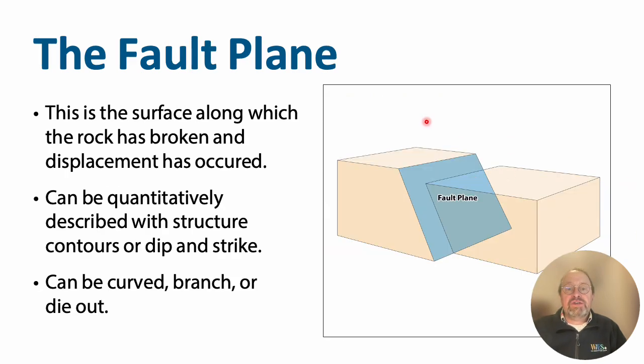So essentially a fault plane, just like other geological surfaces, can be described by structure contours, and we can use the differences in the structure contour across the fault to look at the amount of displacement, which is something we often want to do. In reality, faults often curve and they branch, and eventually, of course, they die out. No fault goes on forever, although in our worked examples, essentially that's not going to be an issue.